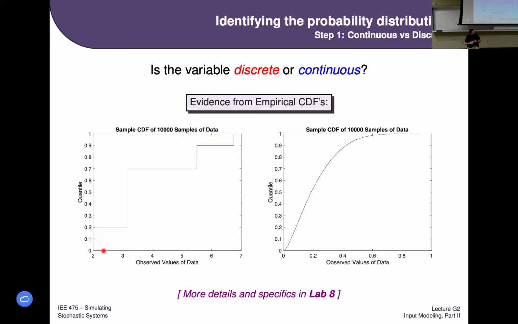So this is saying that 2 is the very lowest, so it's at 0% in the ranking. 0% of points are less than 2. Whereas it jumps up at 6.75. It's saying 100% of the data are less than 6.75. That's how we read this.